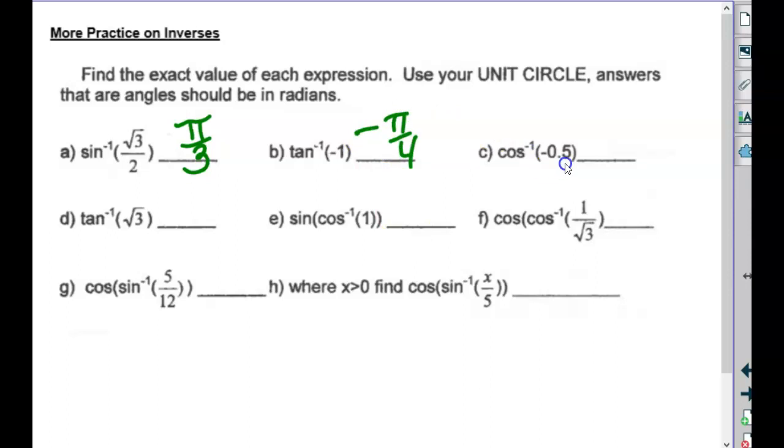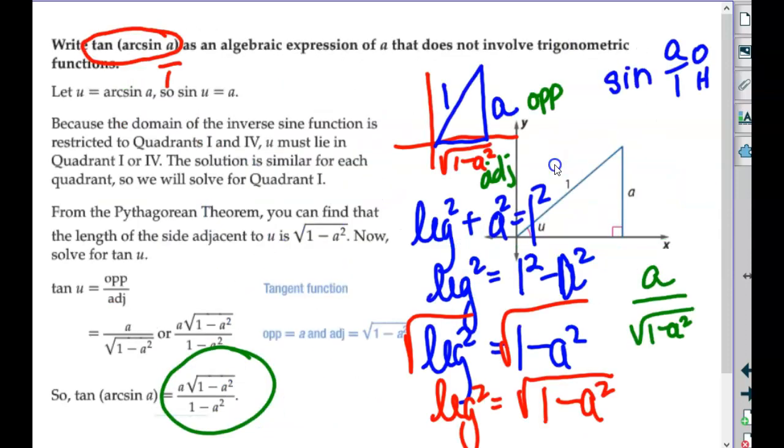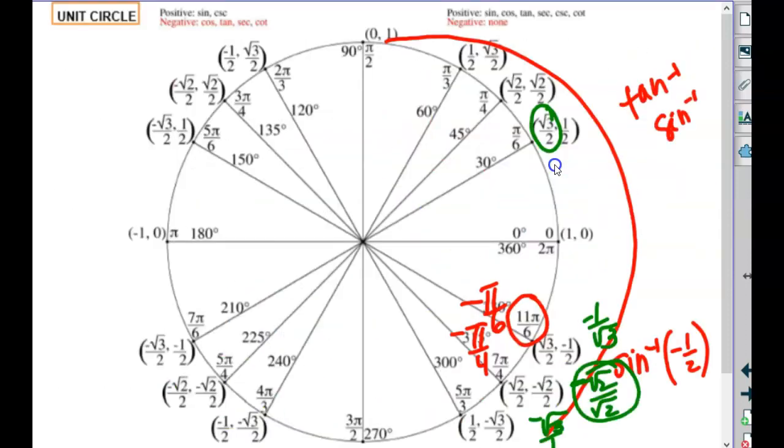This is just written as a decimal, but where's the cosine negative 0.5? If you don't remember what's happening, you can just look, it doesn't happen. There's not a negative x value anywhere over here, right? That's because cosine is these two. Negative 1/2 would be over here at 2 pi over 3.